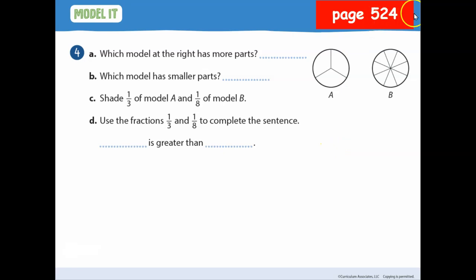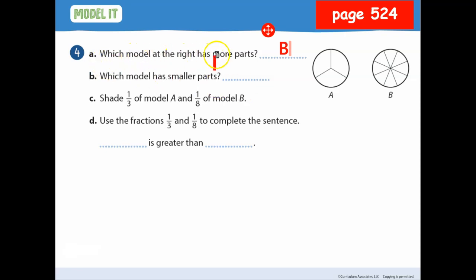Look on page 224. It says which model on the right has more parts. So which one has more parts? B does. Which model has the smaller parts? Wait, that doesn't make sense.